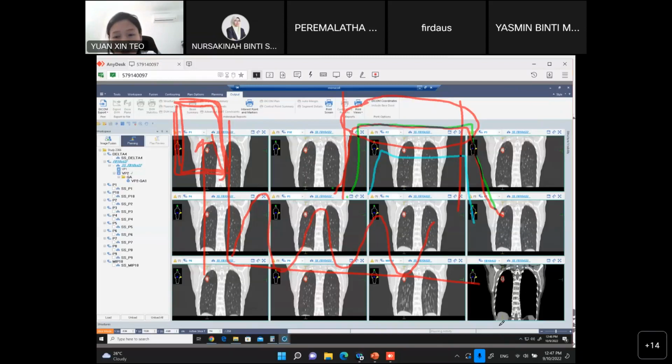So that's why I can't show you the 4D CBCT here, because previously we had another patient, but I forgot which patient, so I didn't grab the patient data to show you over here. So if you have a chance to visit another hospital where they have this 4D CT technique, it is very good knowledge for you all.